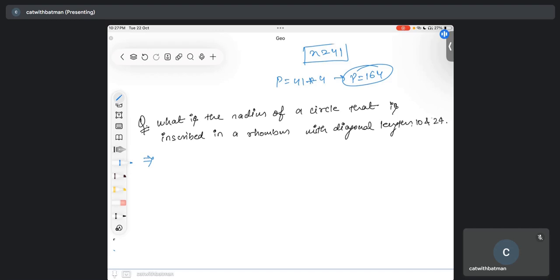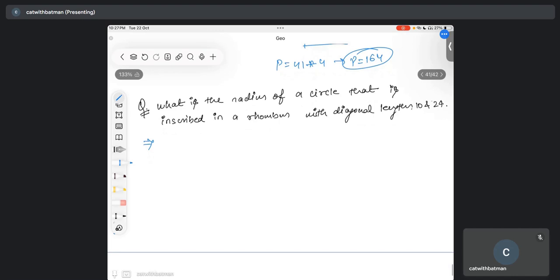Okay, let's try to solve this. So let's say this is the rhombus that you're having, something like this. And this is the circle that is inscribed in it. Let's call this A, and this is C. Let's say this is one of the diagonals, and this is another diagonal.